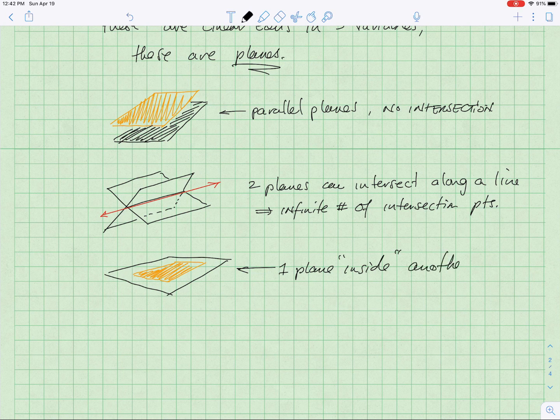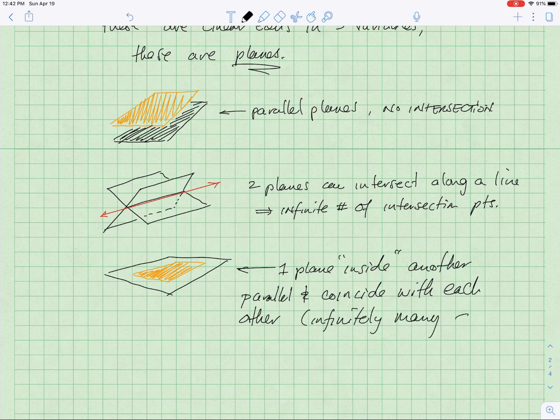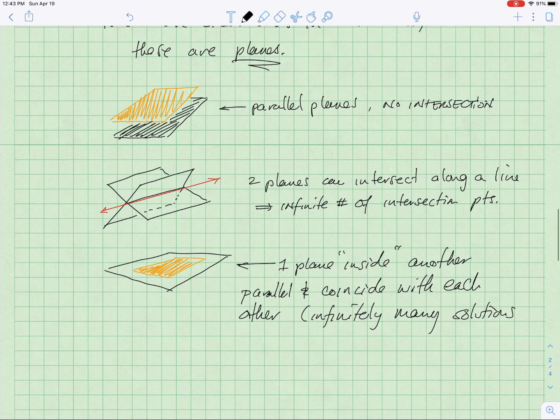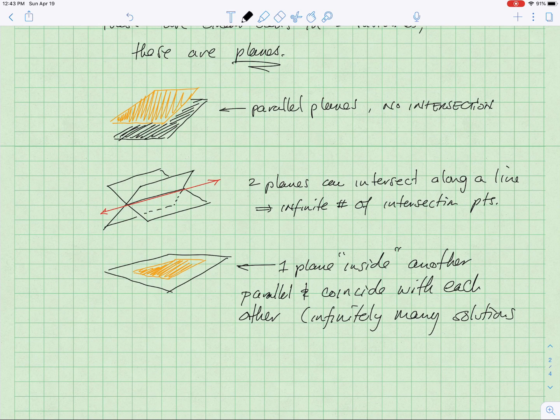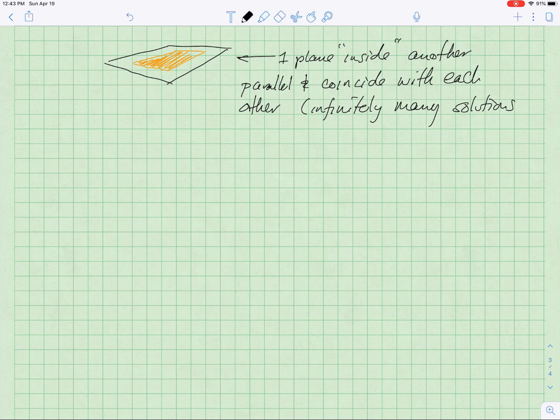I'm not sure if that's the best term, but these are parallel, and they coincide with each other. This is also infinitely many solutions. There are other no solutions too I could have drawn for you guys, with more and more planes. But let's move on here.